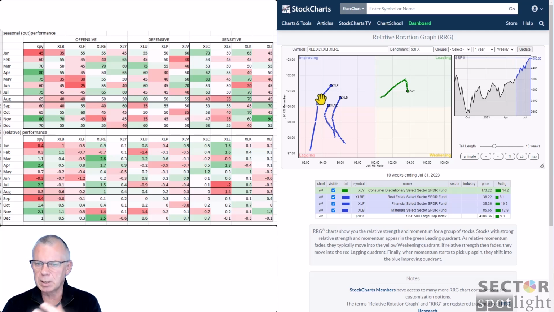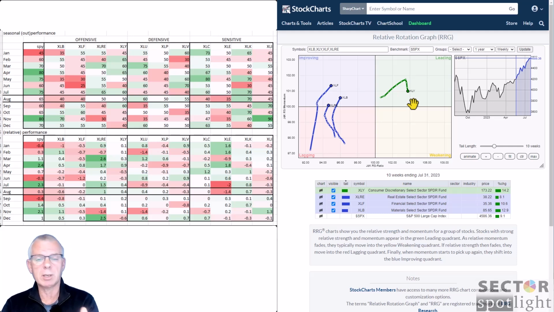And that is what we have already discussed in prior episodes of Sector Spotlight, that the rotation is ongoing to the more offensive sectors. And it was led by consumer discretionary for quite some time. And that is now seemingly giving way.